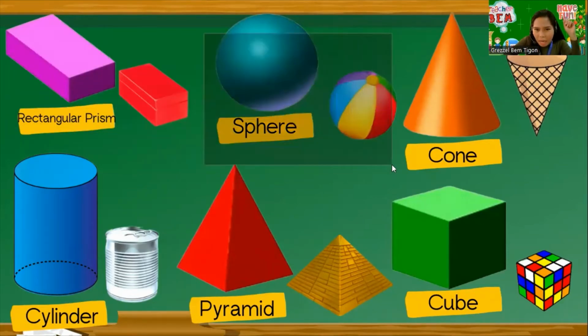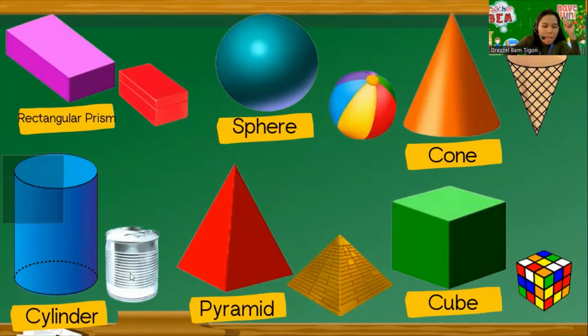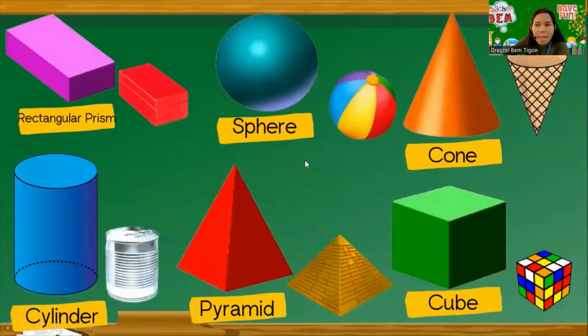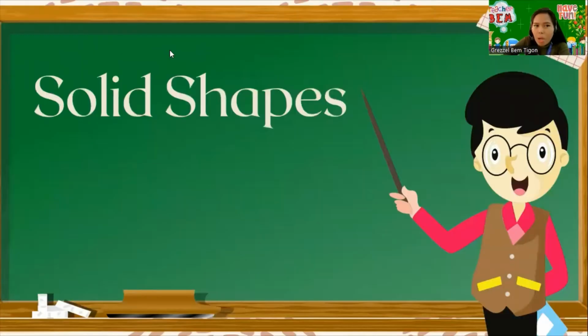The sphere, an example of a sphere object is the ball. The cone, example is the ice cream cone. Cylinder, pyramid, and also cube. And actually, there's more. They are the 3-dimensional figures, what we call solid shapes.